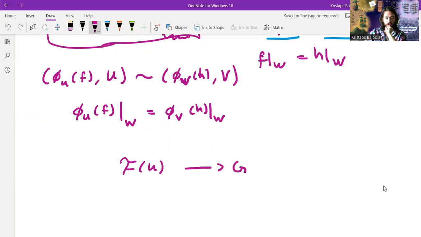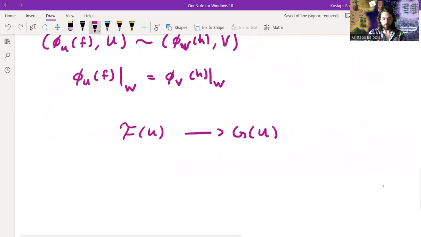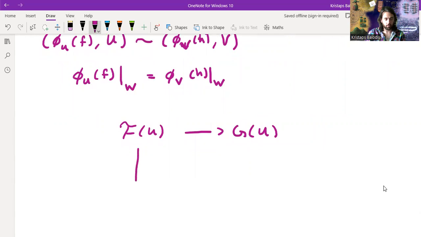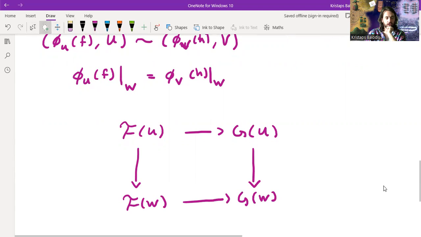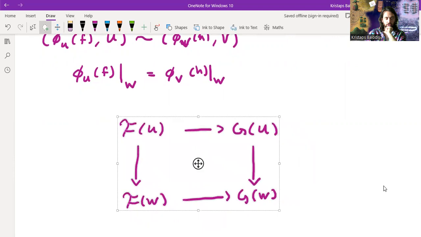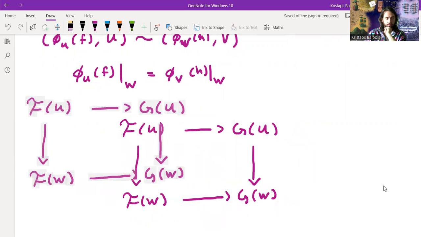I map it into G of U, and here I want to restrict down to F of W, and here I'm going to restrict down to G of W. So I consider my diagram. Maybe I'll move this over to make life easy.